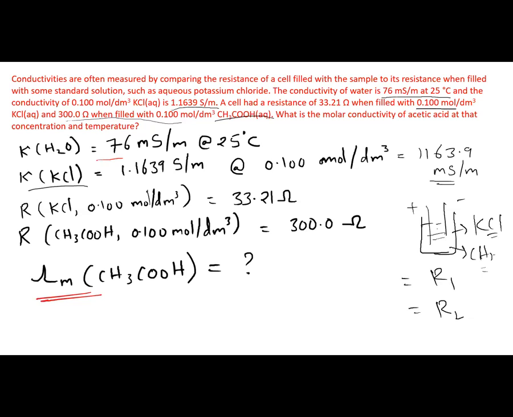Here, the conductivity is given in millisiemens per meter, and here it's Siemens per meter. Converting that to millisiemens, it's going to be 1163.9 millisiemens per meter. The resistance of the KCl solution at 0.1 concentration is 33.21 ohms, and that of acetic acid at the same concentration is 300 ohms. We have to find the molar conductivity of acetic acid.